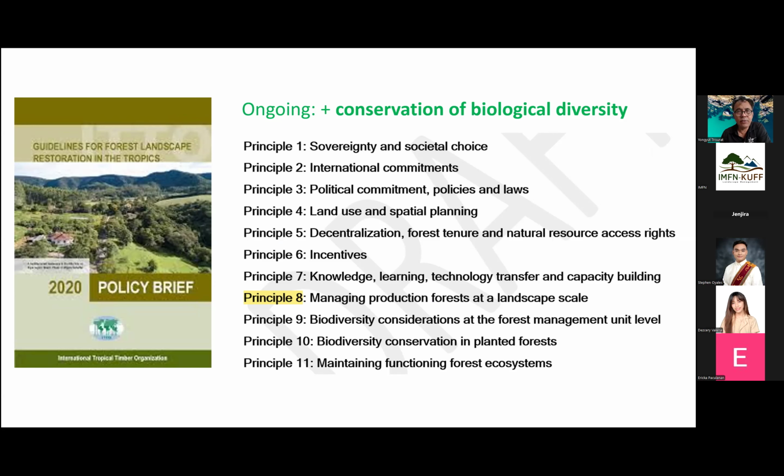There are 11 principles and more than 30 guidelines. For example, there is the principle for land use and spatial planning of forest at the landscape level, and managing the production forest at the landscape.